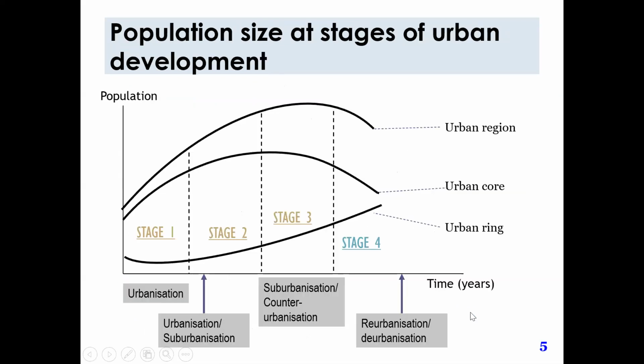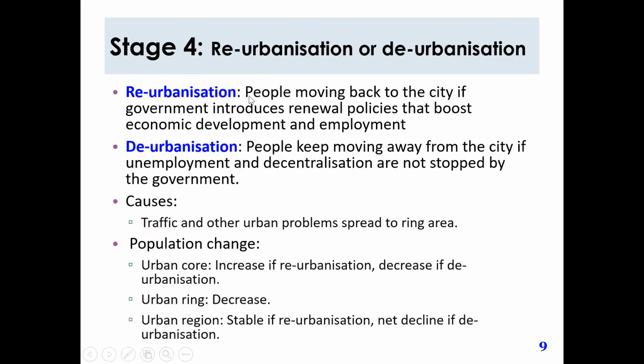Stage 4 is re-urbanization or deurbanization, depending on the counter-urbanization strategy, whether it works or not. Re-urbanization is when the counter-urbanization strategy works: people move back to the city if the government introduces renewal policies that boost economic development and employment.